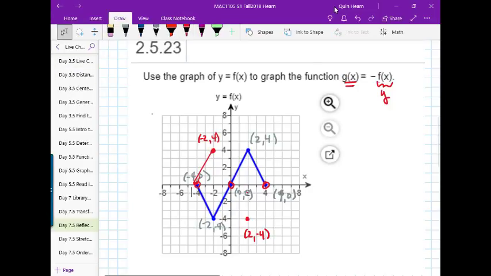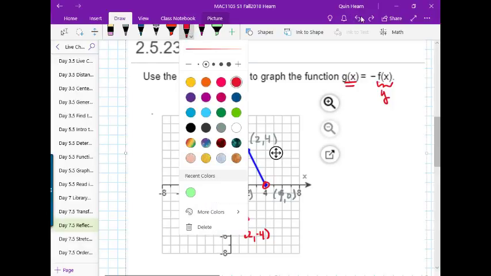It doesn't want to let me grab it. Okay. I guess I'll just freehand it. Let's see.